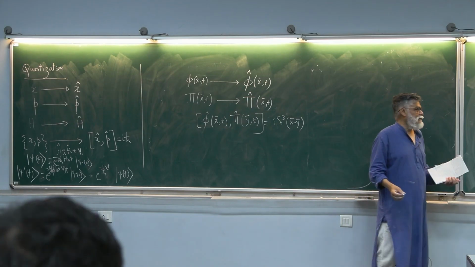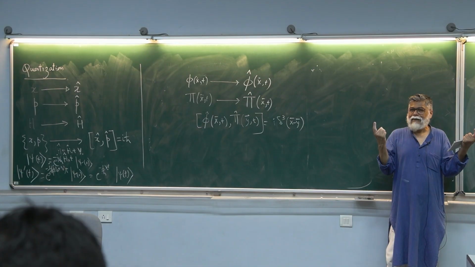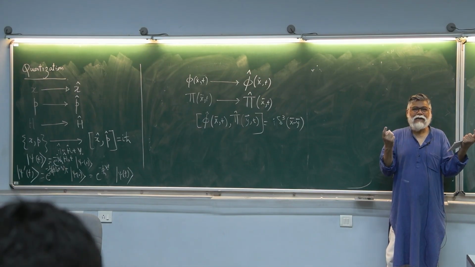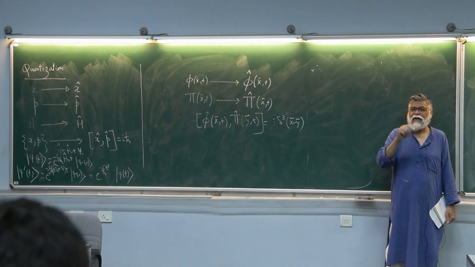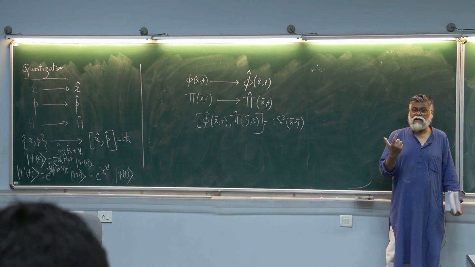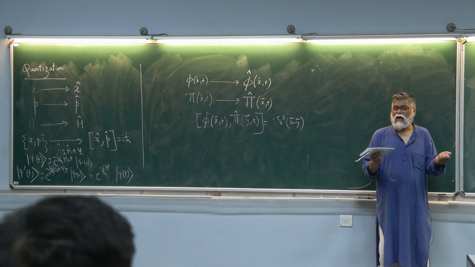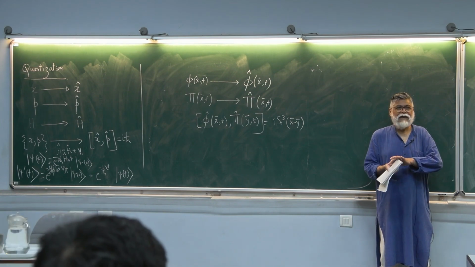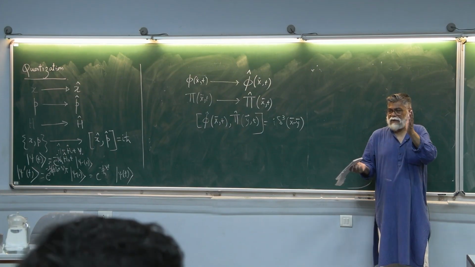It says that if there are two observables A and B, then delta A times delta B is always greater than or equal to half the expectation value of the commutator of A and B. This is something we prove. So if two observables don't commute, then there will be uncertainty. That means you can't measure A and B simultaneously with precision.